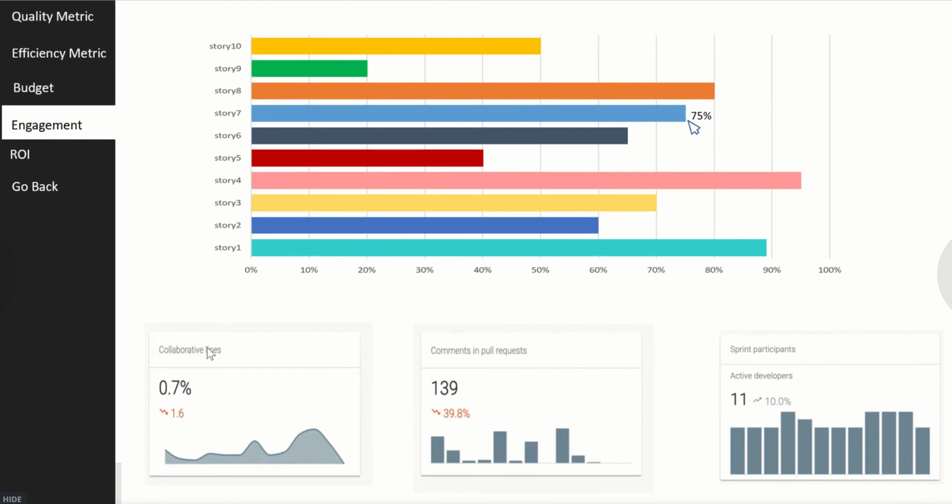And from there, we are tracking how many times you have done collaborative work, how many comments you are doing on pull requests, what are the sprint participants. So by tracking all these things, this can help the Scrum Master to understand, are they really doing agile transformation? So by helping them understand the key metrics which can show them the agile maturity index of their team engagement.